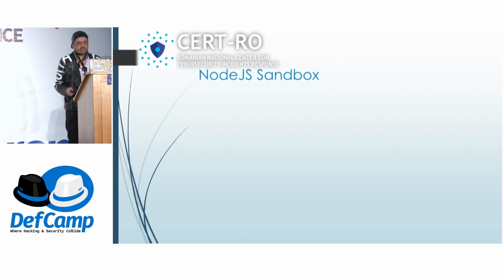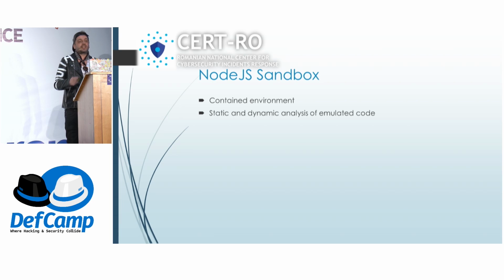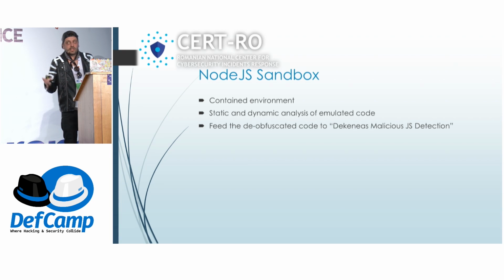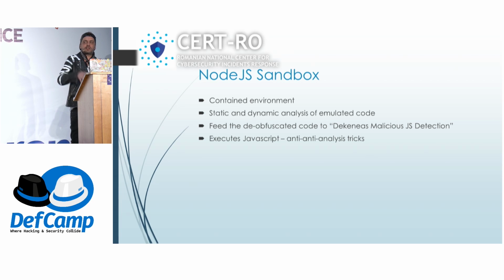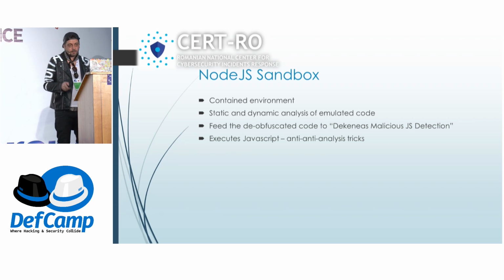The NodeJS sandbox, we crafted it very carefully. It runs in a contained environment. It performs static and dynamic analysis of emulated code. It feeds the deobfuscated code to Dekeneas's malicious JS detection scoring system. It executes the JavaScript, taking care of certain anti-analysis tricks.